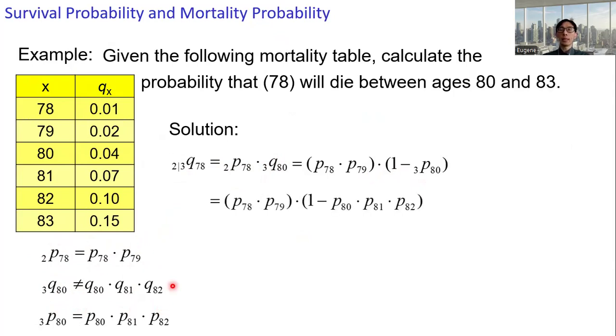All right, so we get the expression in terms of the p's, but in the mortality table, we are given qx. So make use of the relationship that px equals 1 minus qx.